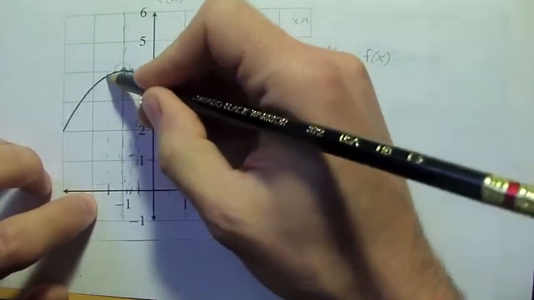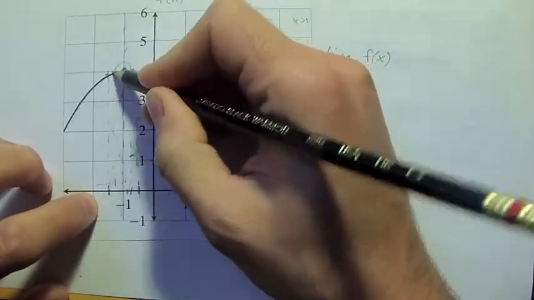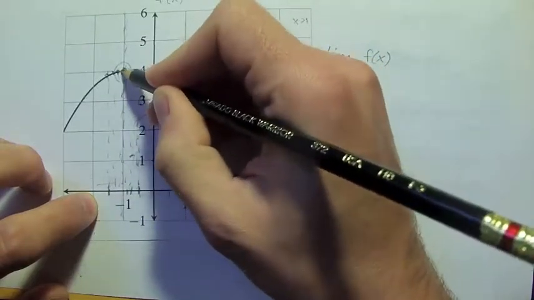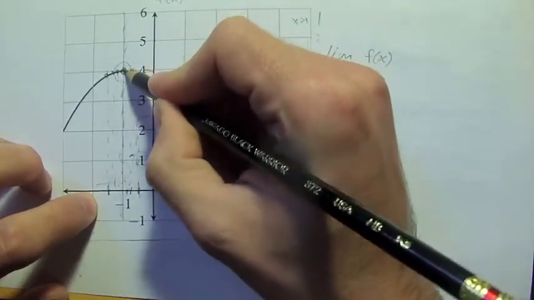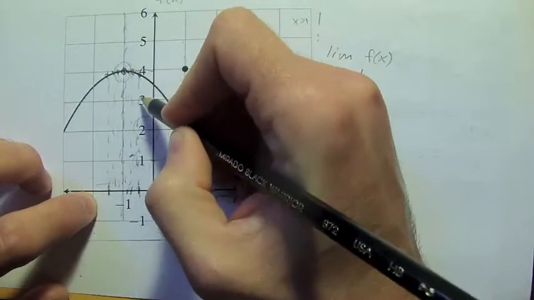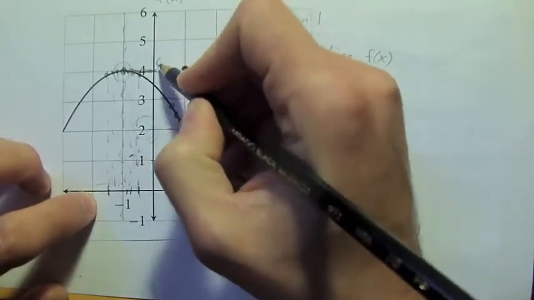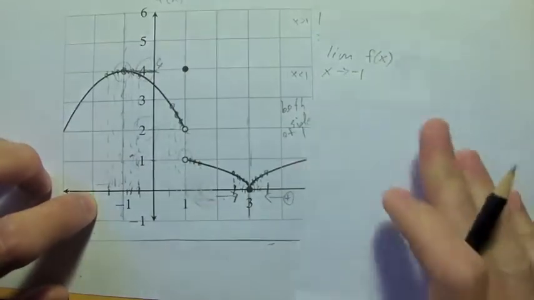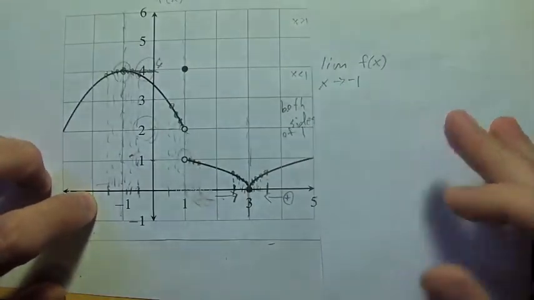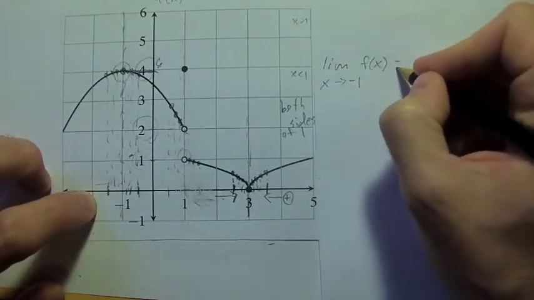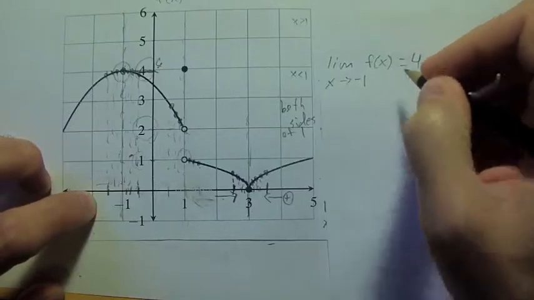If I start here and start mapping points up, we get closer and closer and closer to this point here, okay, which is a y value. Remember, we're looking at y values of 4. So the limit as x goes to -1 of f of x is 4.